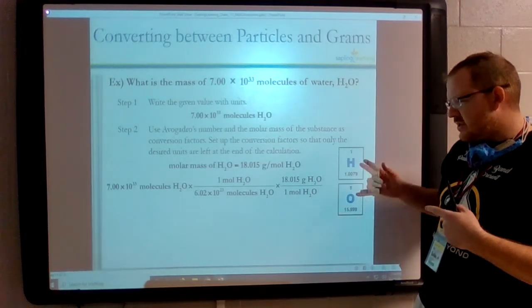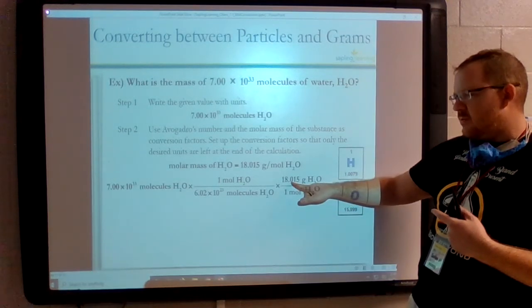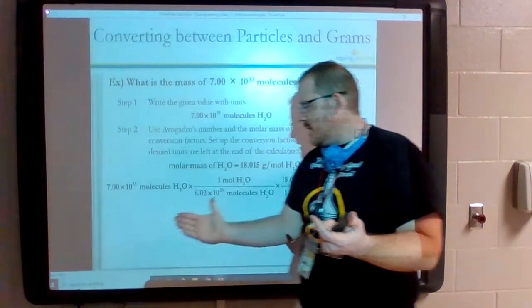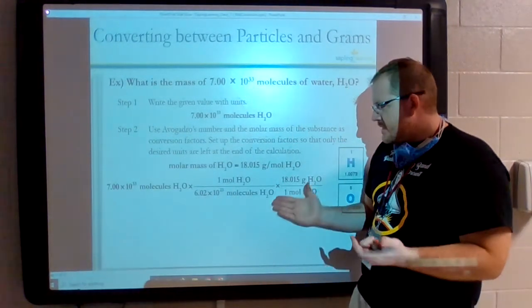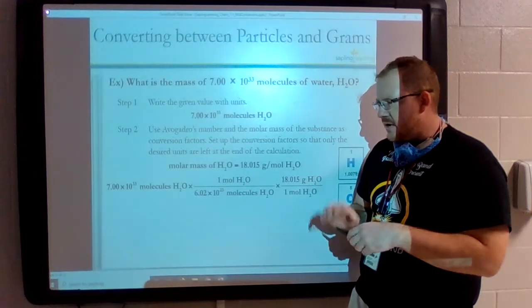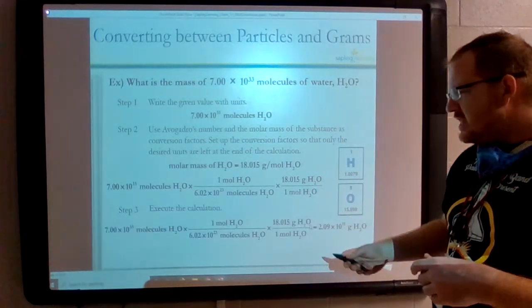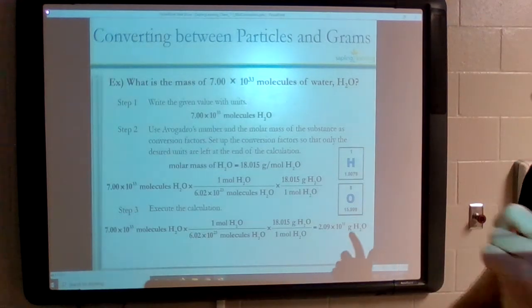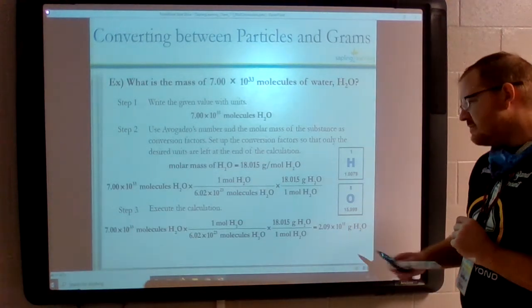They add that up and get the 18.015. Then your math is just this number divided by that number times 18.015. When you hit enter, you should get your answer, which was 2.09 times 10 to the 11th power, which is exactly what I got in grams.